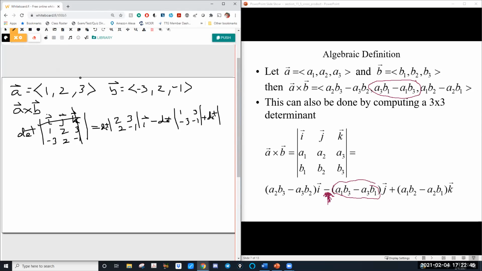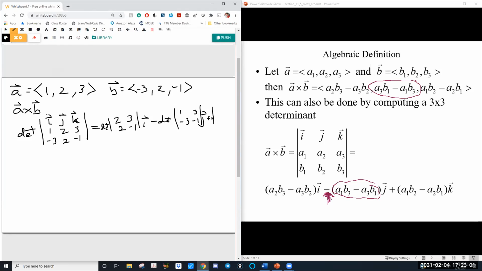Oh, I forgot the J. Thank you. Yep, I did forget the J. Let's get that in there. This one's going to get multiplied by J because that was what was in the top row.